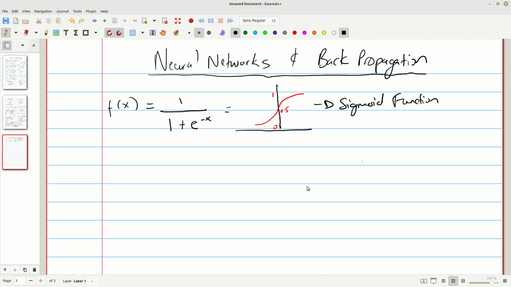When we're thinking of neural networks, the first thing that comes to mind is, let me actually draw it first.